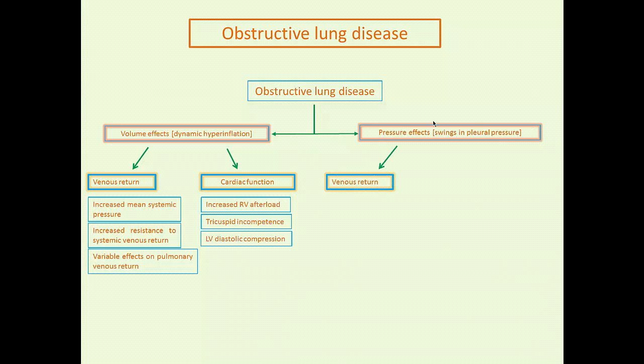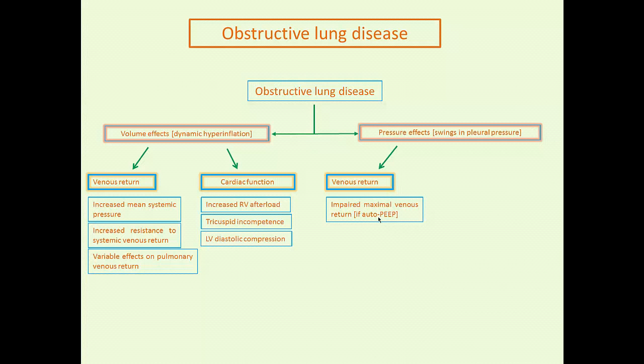And then in terms of the intrathoracic pressure swings that you get in obstructive lung disease that we just talked about in the last slide, in terms of very low inspiratory pressures and very high expiratory pressures, this too affects venous return in that there can be an impaired maximal venous return, and this is essentially an auto-PEEP effect.